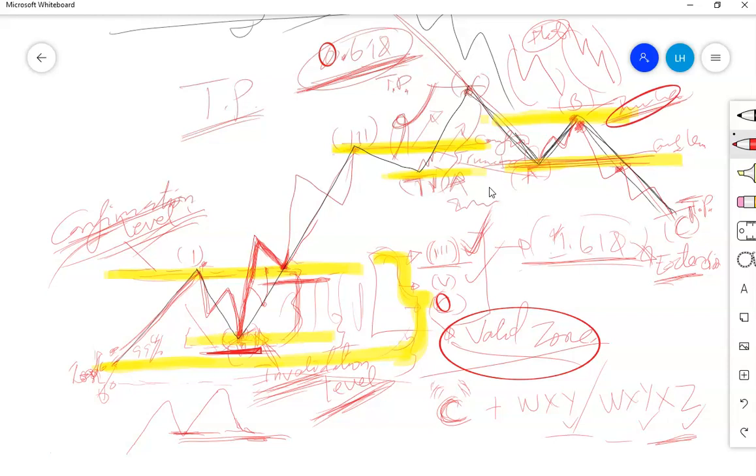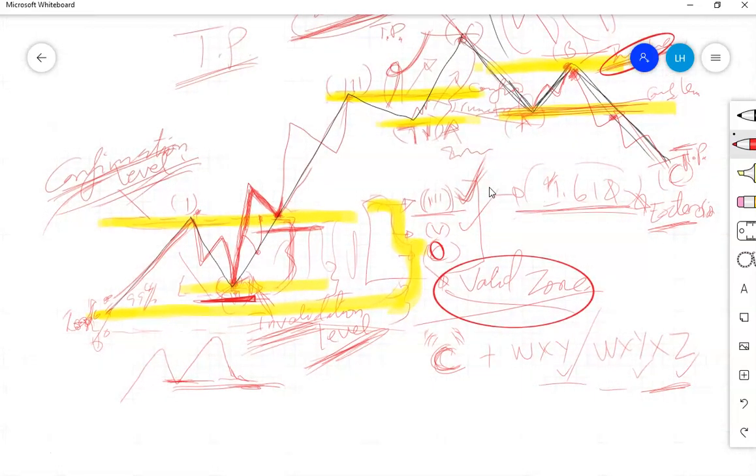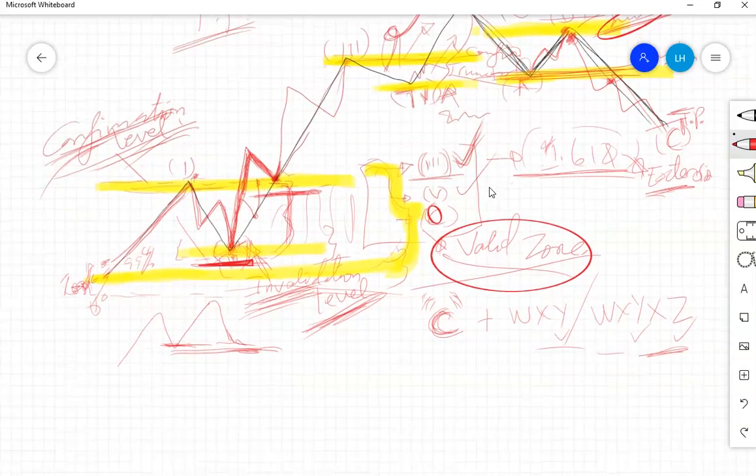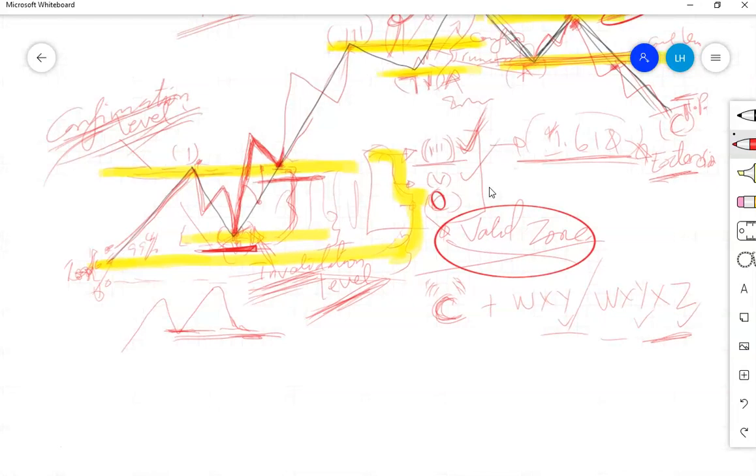Now, how may you project your TP? Your TP is usually projected based on wave relationships.